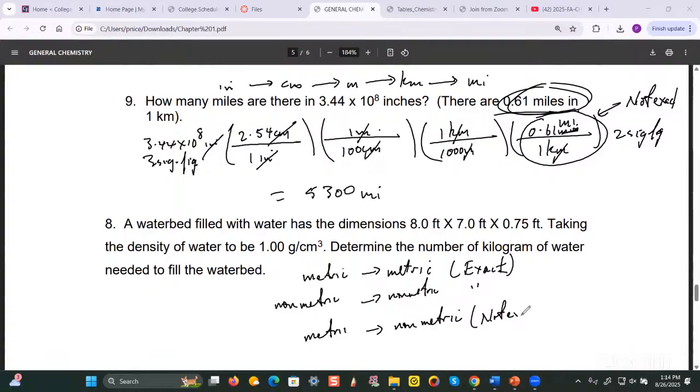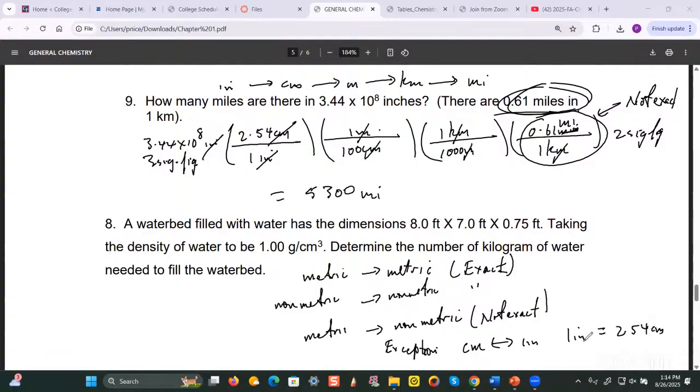But there's one exception to this. And the exception is going from centimeters to inches or vice versa, because 1 inch is exactly equal to 2.54 centimeters.